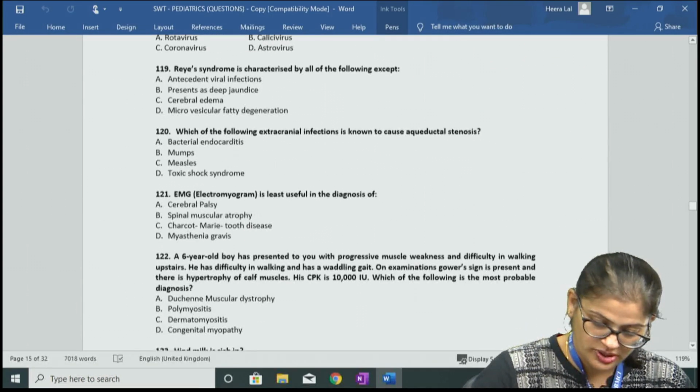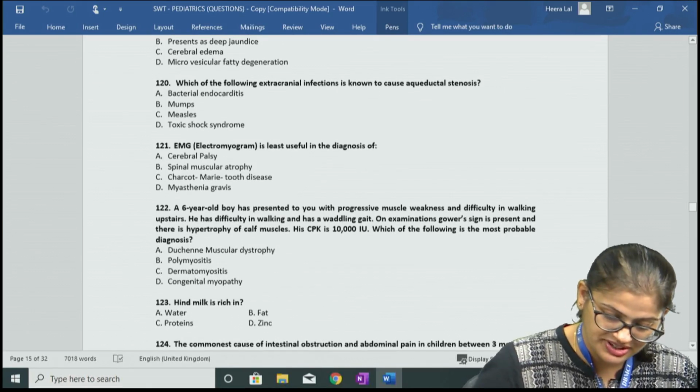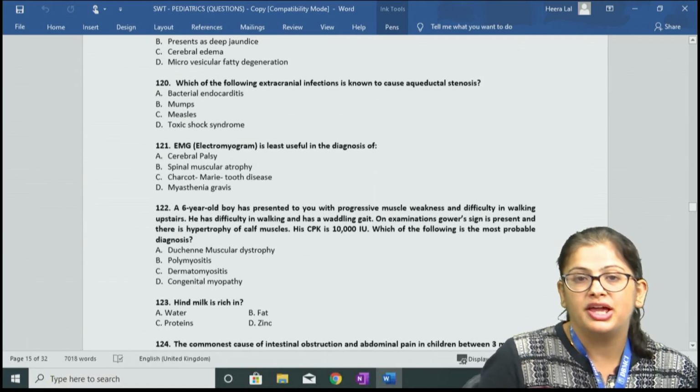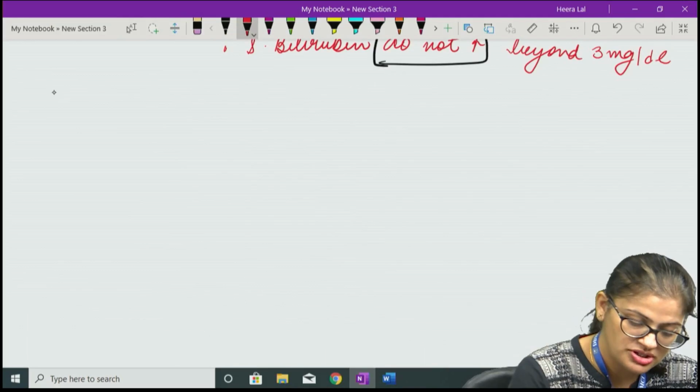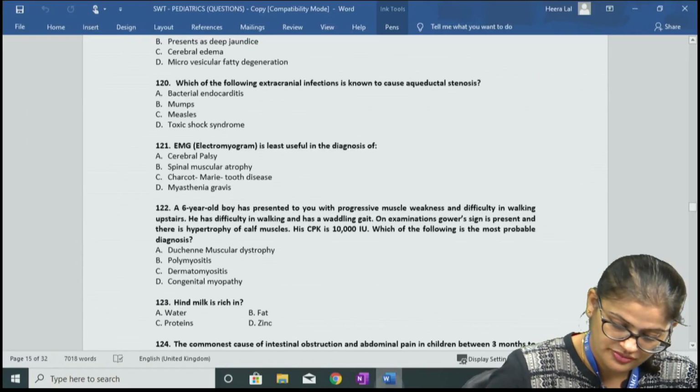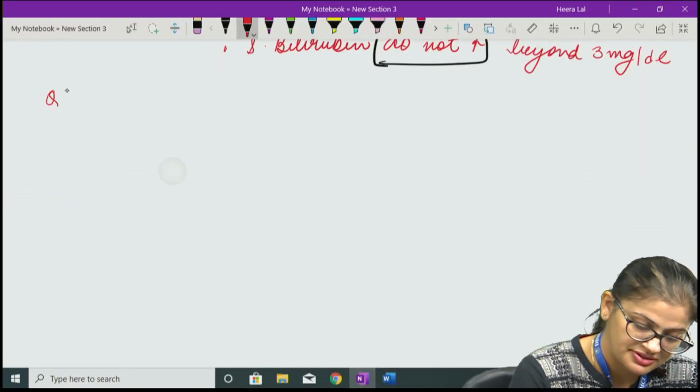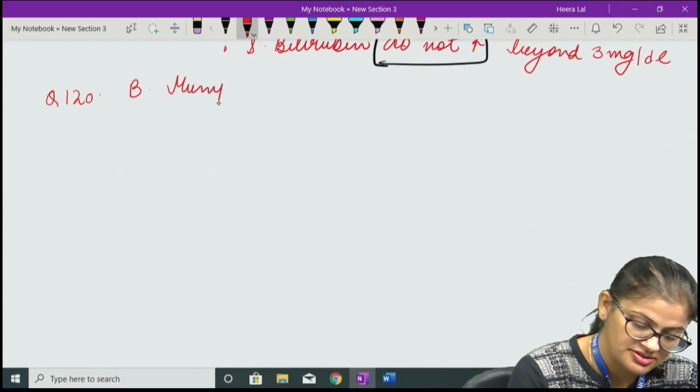So, next we come on to question number 120, and question number 120 is, which of the following extracranial infections is known to cause aqueductal stenosis? And the correct answer is option number B, that is mumps. So, option number B, mumps, is the correct answer.